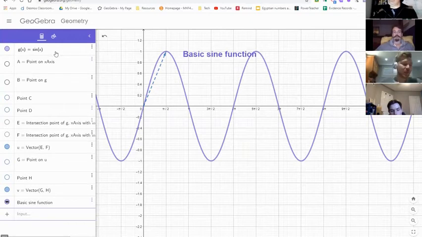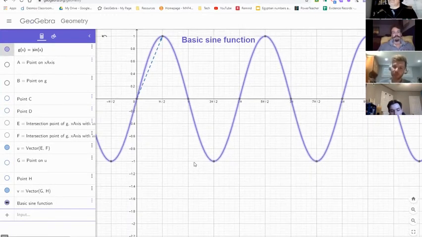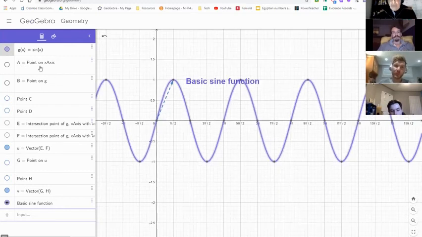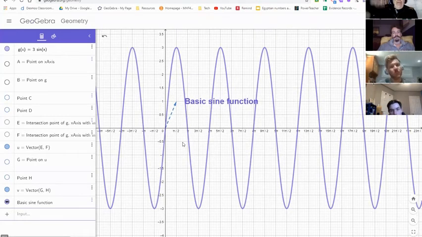So now I'm back to my original function, and all kinds of strange things are happening because I was playing with it. But then I'm going to explore what happens when I put a number in front of the sine. And many of you do know what happens. What if I put a number like 3 in front of this sine? Whoa, what happened? It got taller, right? It elongated.